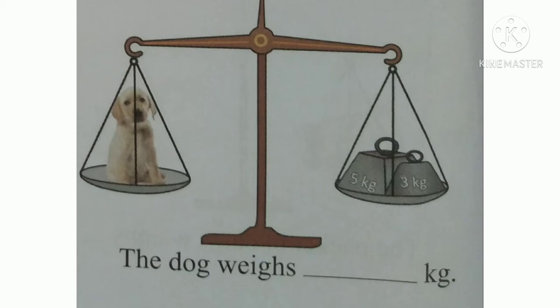Here one pan containing a dog and the other pan containing 2 standard weights of 5 kilogram and 3 kilogram of weight. See, the total weight is 5 plus 3 is equal to 8 kilogram. That is, the dog weighs 8 kilogram. We can say that the weight of dog is 8 kilogram.